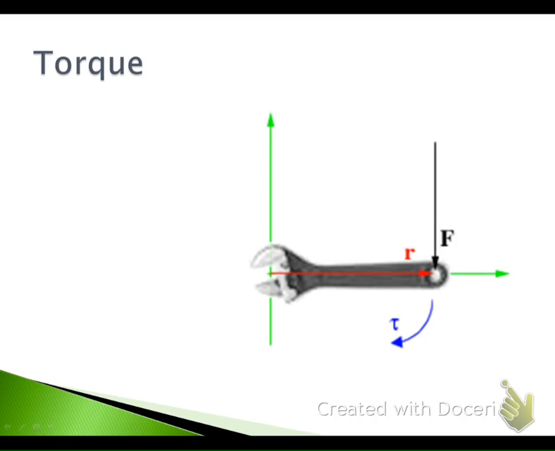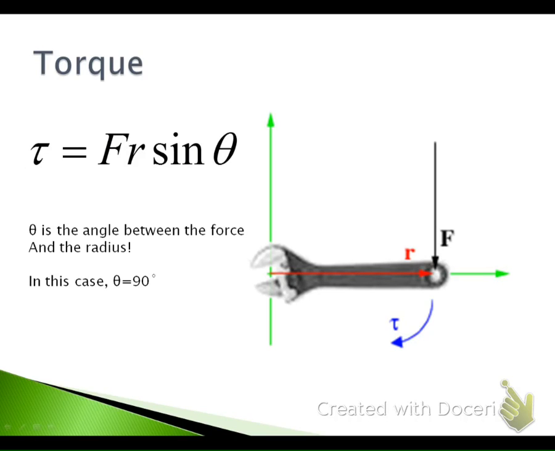All right, so let's go ahead and look at just an example here. This is our equation again. Theta is the angle between the force and the radius. Here we're applying a force straight down on this wrench. The radius is from the point of axis to wherever you're applying that force. So this red line is our radius.